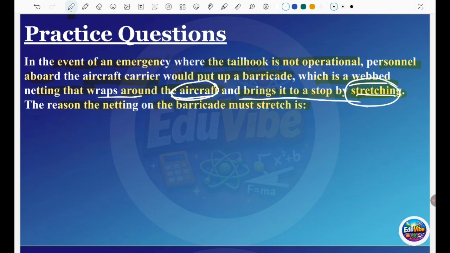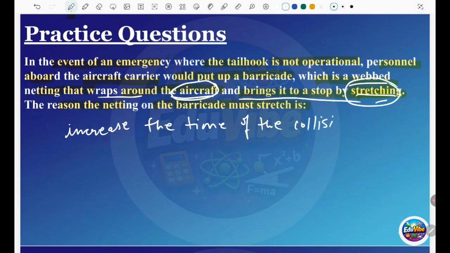So the main point is stretching. They increase the time of the collision between the aircraft and the barricade.